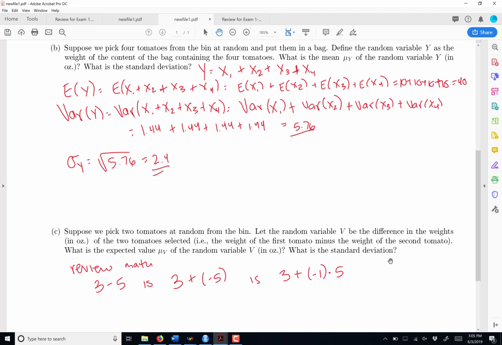So if we had something like a minus b, we would say that is really like a plus a negative 1 times b. Okay. So if you have it in variance, you need to write it like that, so you can pull out the negative 1 and you're going to square it inside your variance. And negative 1 squared gives you positive 1. So that's my hint for part C.